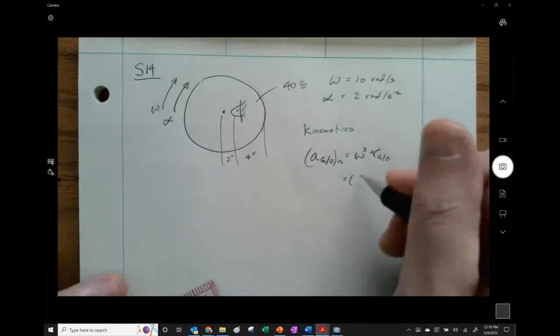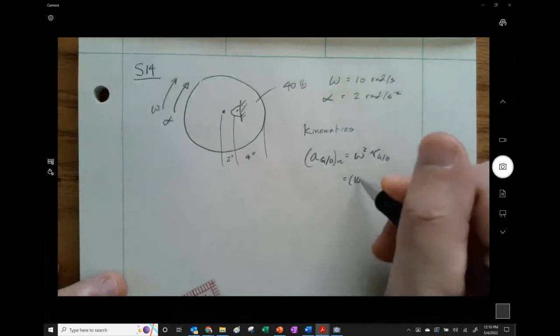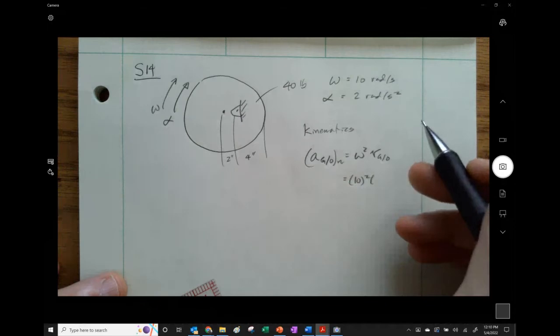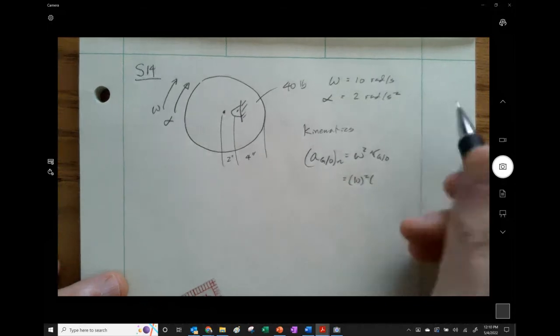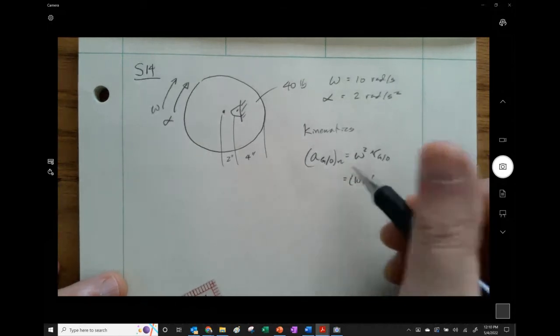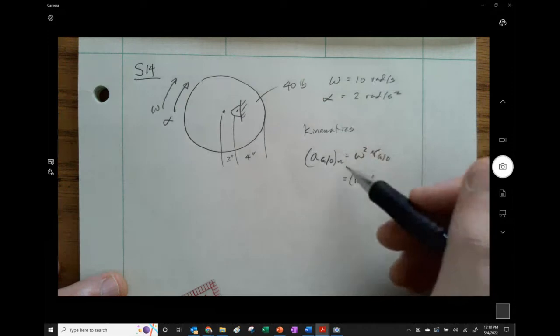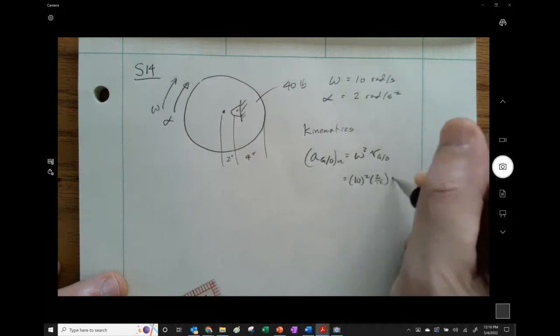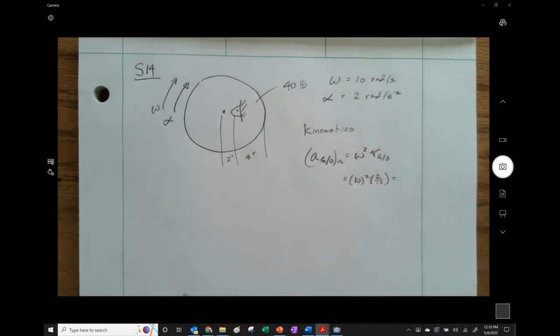Oh, she's done that for me over here. Good. So we had 10 squared, and I think it's better to change this at this point into feet per second squared, right? So that's going to be 2 over 12, and of course she has the posted solution here.